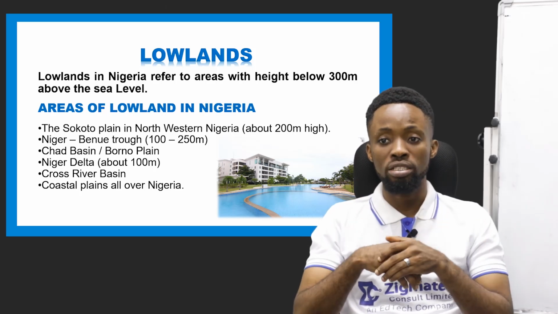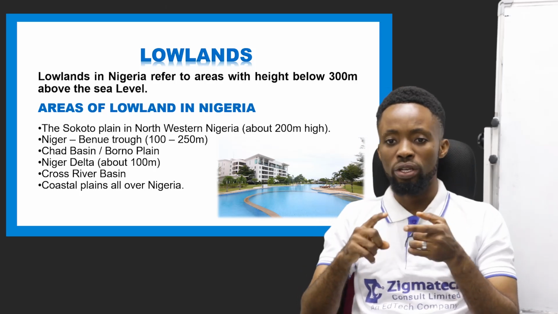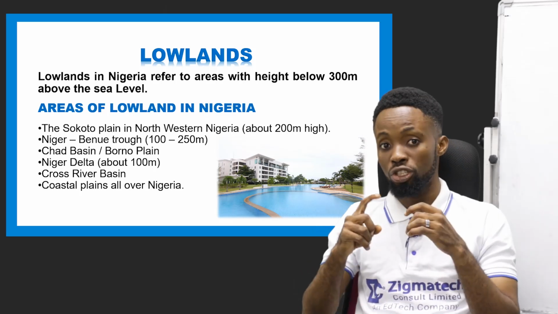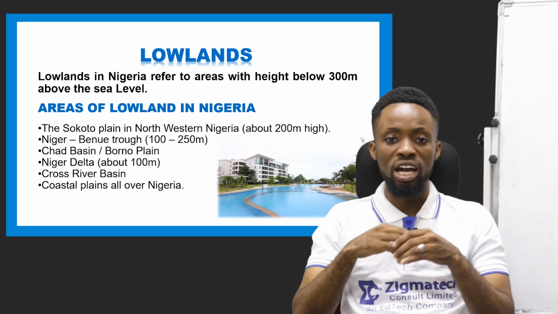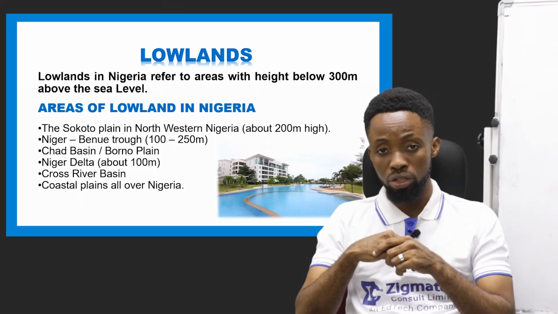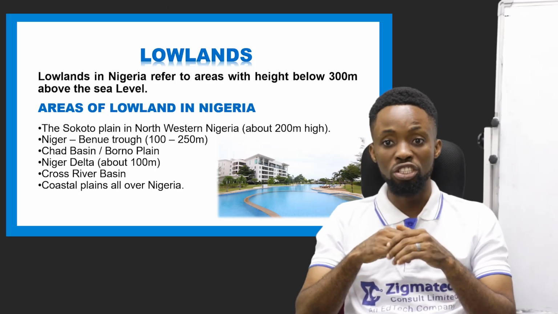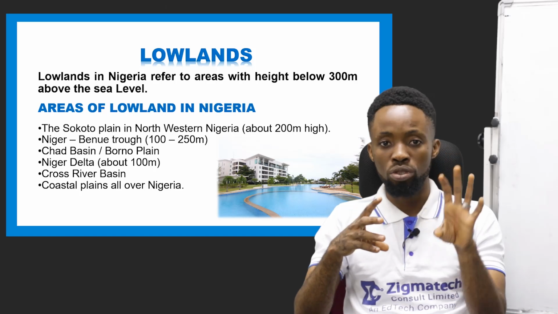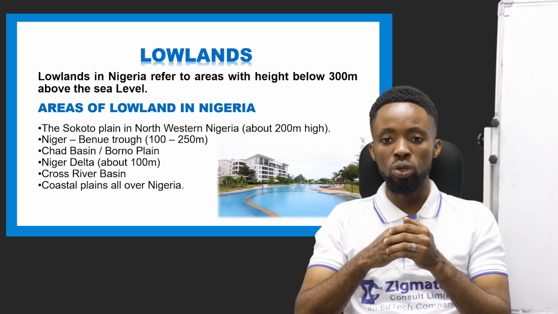And in Nigeria here, we have lowlands. The lowlands include the Niger Delta region, which is Rivers State, Bayelsa, Akwa Ibom, and the rest. Then we have the Chad Basin in the northeast. Then we have the Sokoto Plain in the northwestern part of Nigeria. We have the Niger-Benue Trough. Places around the River Niger and River Benue are actually lowland areas.